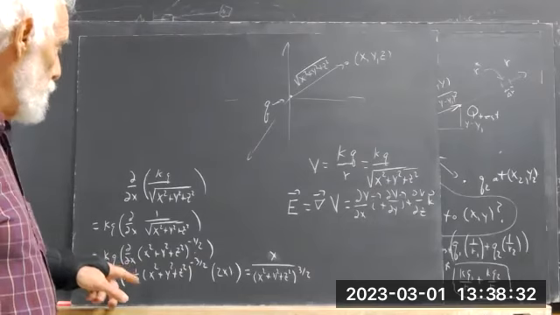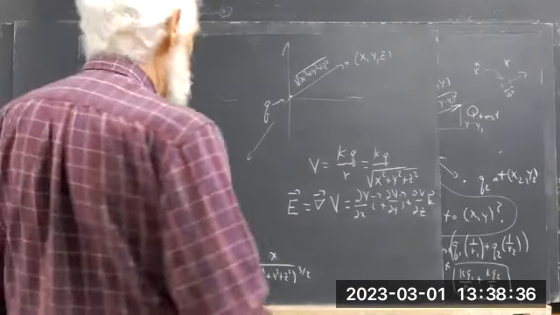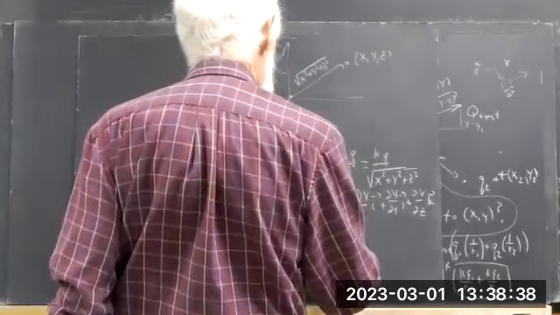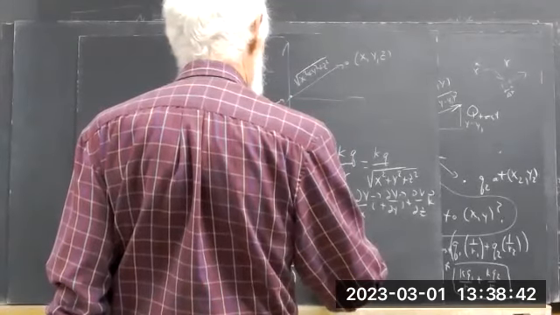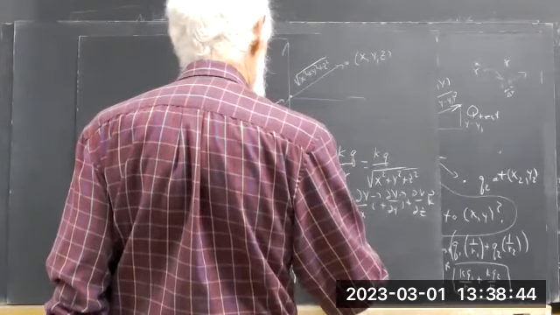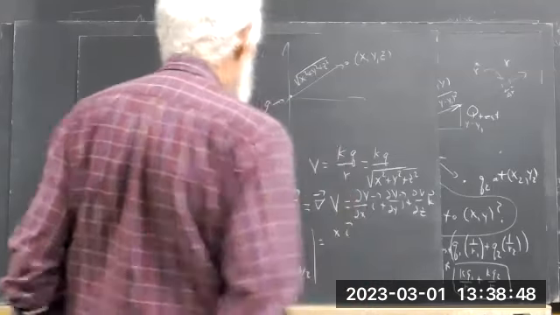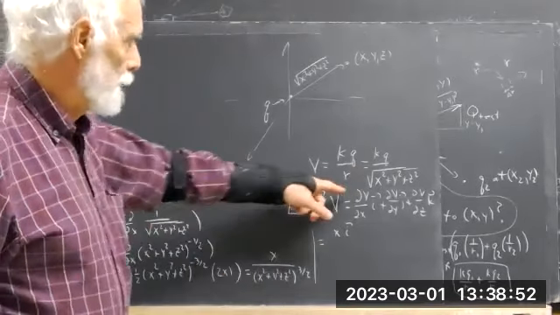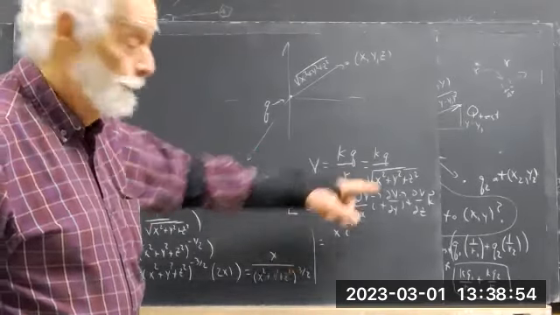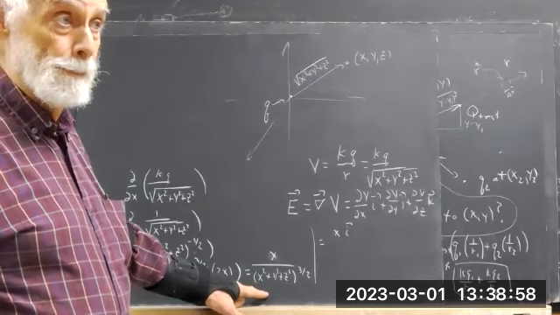And if you do the y and the z, you find that the gradient is, well, for the partial with respect to x, you're going to have an xi in the numerator, and you're going to have the square of the 3/2 power in the denominator. Okay.